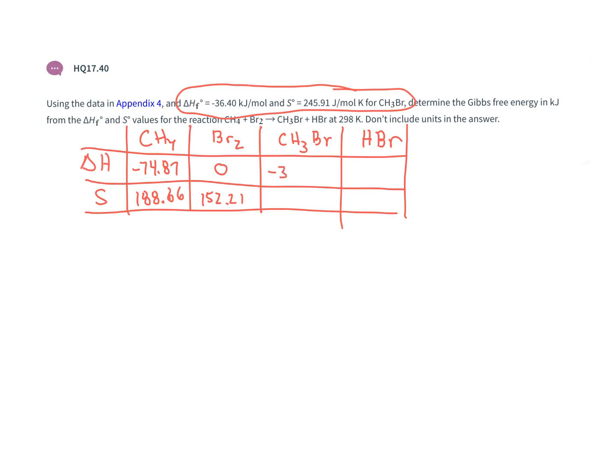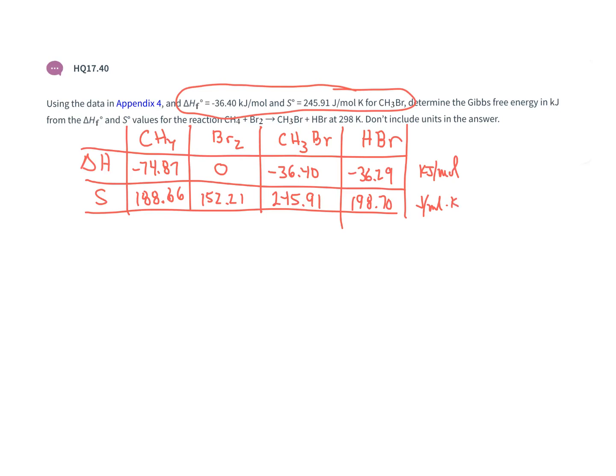We have a negative 36.4 and 245.91. And the HBr, we would look that up to see that's 36.29, and the entropy is 198.7. The units: delta H is kilojoules per mole, and the entropy is joules per mole Kelvin.